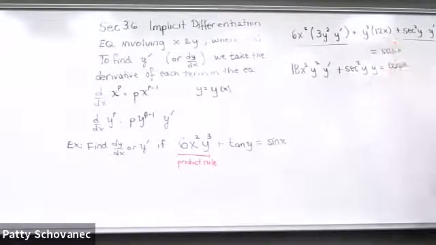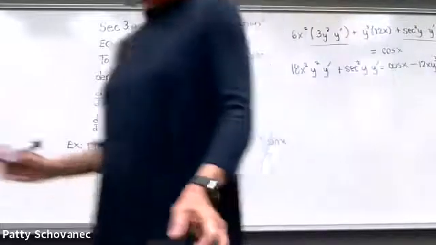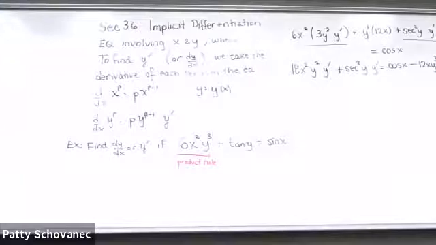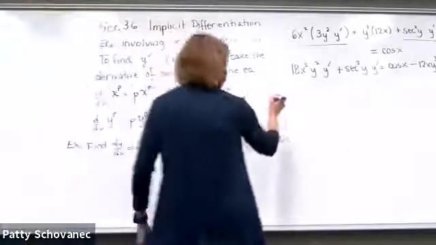And when I move this over, I subtract it and get 12xy cubed. And we keep our y prime terms together so that I can factor them out in the next step. So pull out a y prime right here.